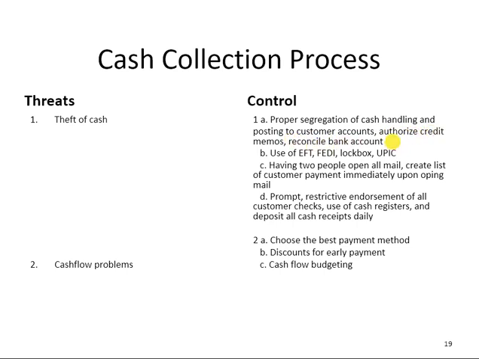So the person who's handling cash cannot do anything about customer accounts, cannot authorize credit memos, and cannot reconcile the bank account. These are the three important segregations that can prevent cash theft.